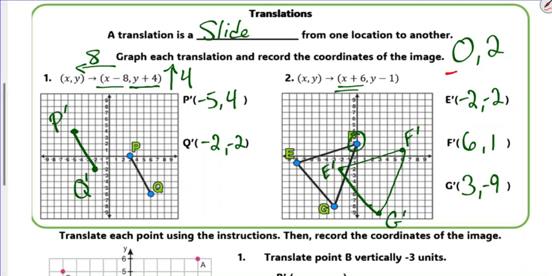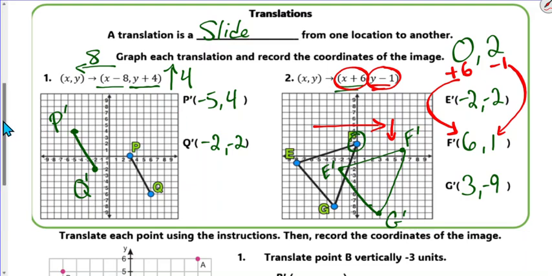If I add 6 to that x value, that becomes 6. If I subtract 1 from the y value, that becomes 1. I'm literally doing that with those coordinates. I'm adding 6 to the x, subtracting 1 from the y, or on the graph, that means I'm moving 6 to the right and 1 spot down. It's really just different ways of looking at that same information.